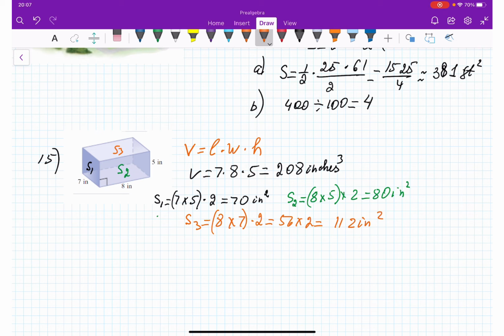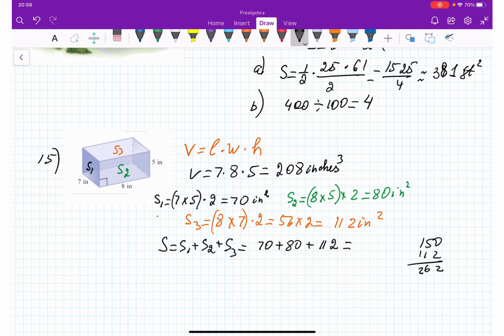Okay, and the total S, it's going to be S1 plus S2 plus S3. So 70 plus 80 plus 112. That is equal, so 70 plus 80, 150 plus 112, 262 square inches.